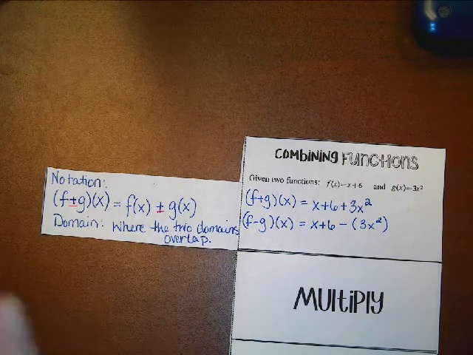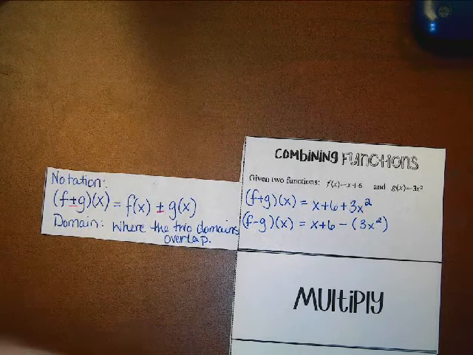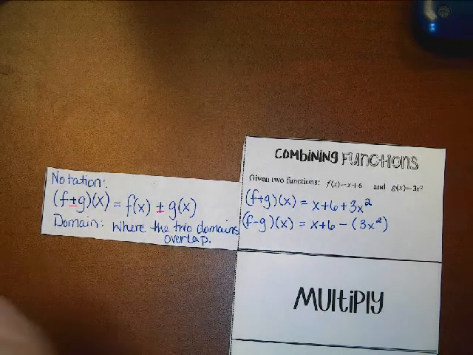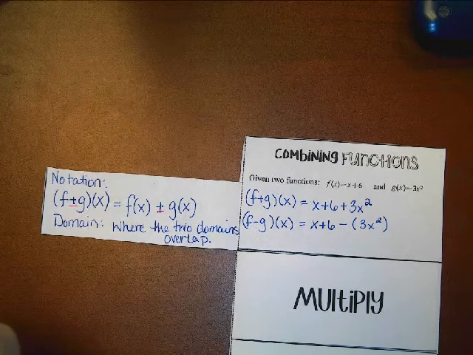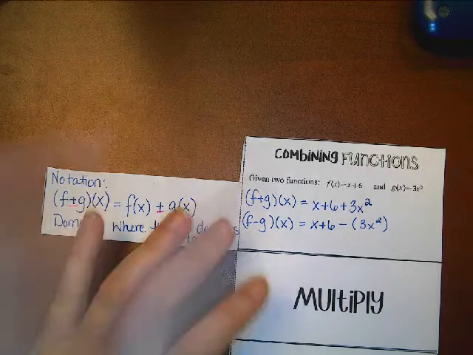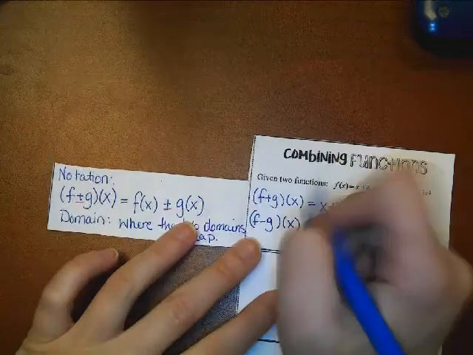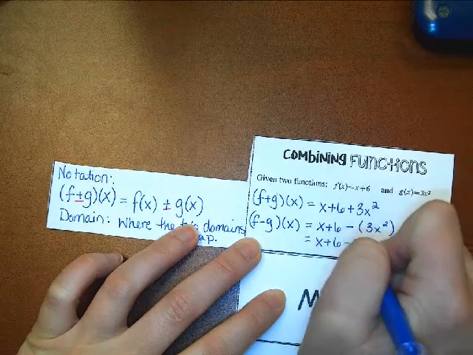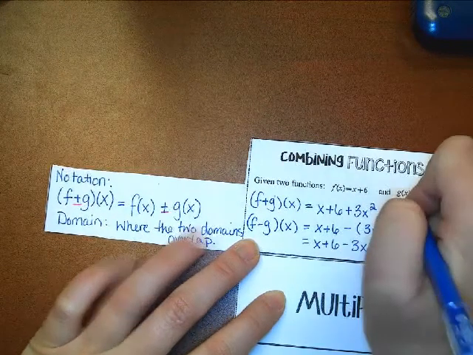But if g of x were anything more than just one term, I'd need to remember to distribute that negative sign in. Does that make sense? That's something that is easily forgotten. So it's just x plus 6 minus 3x squared.